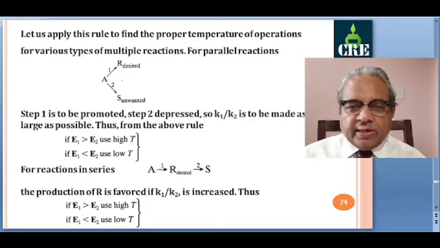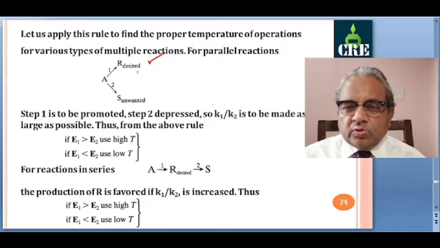So for parallel reactions, what we want, R is desired. So we want to increase this rate and suppress this rate. So we want to promote this reaction and suppress this reaction. So K1 by K2, this we want to promote, so K1 by K2 should be made as large as possible.